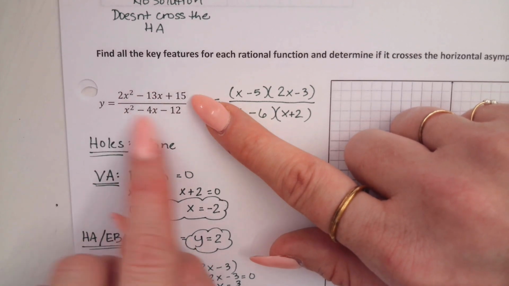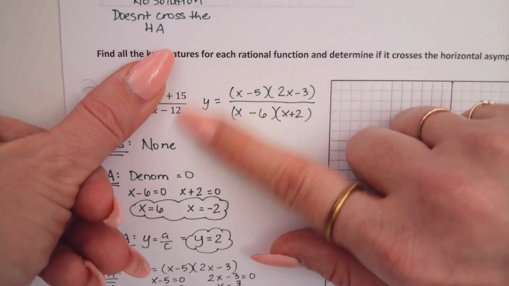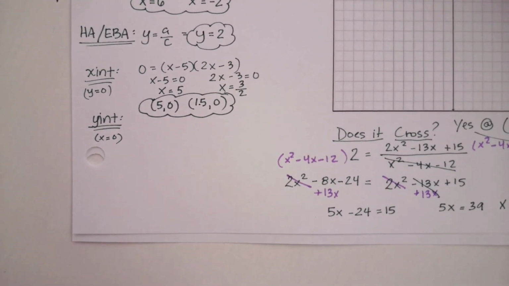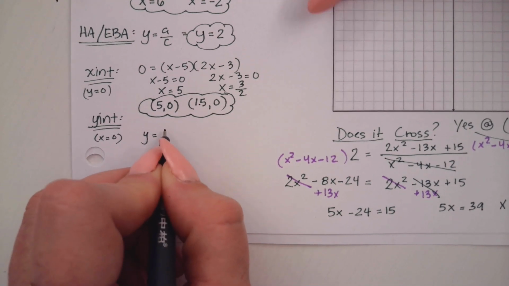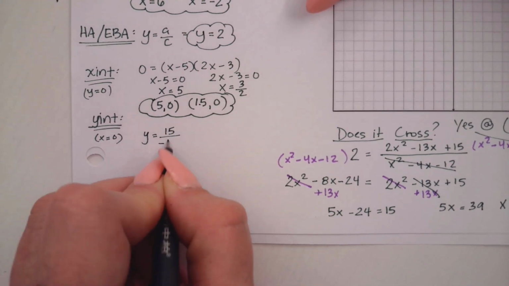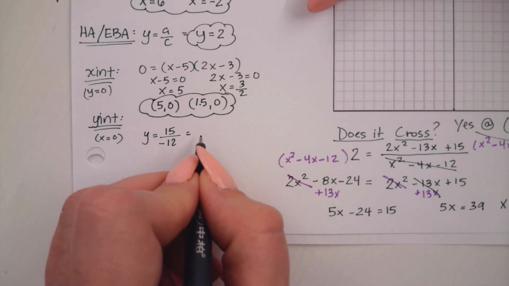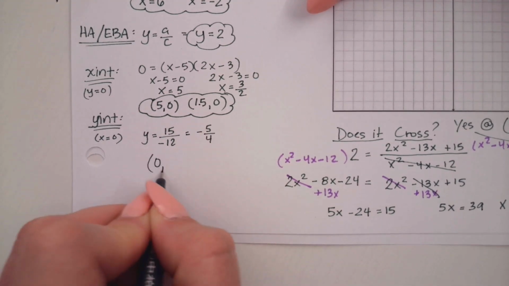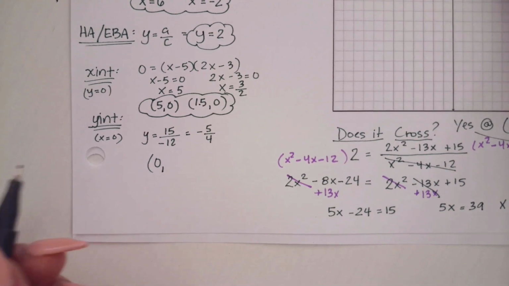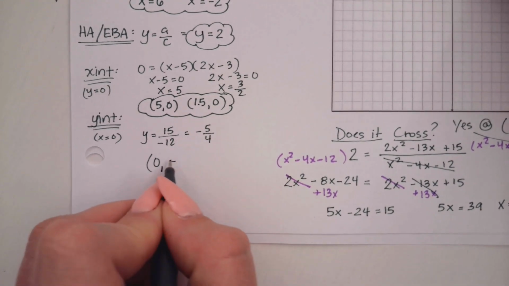If all of these are 0, they don't exist. And you just have 15 over negative 12, which does reduce to what? Yep, negative 5/4. Which, as a decimal, where is negative 5/4? Negative 1.25, right.